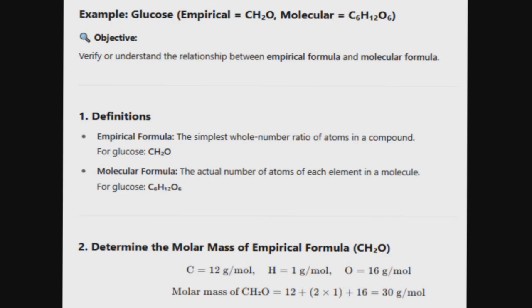So if you're asked to determine the molar mass of glucose, carbon is 12 grams per mole, hydrogen is 1 gram per mole, and oxygen is 16 grams per mole. The molar mass of CH2O, that's 12 plus 2 plus 16, gives us 30 grams per mole.